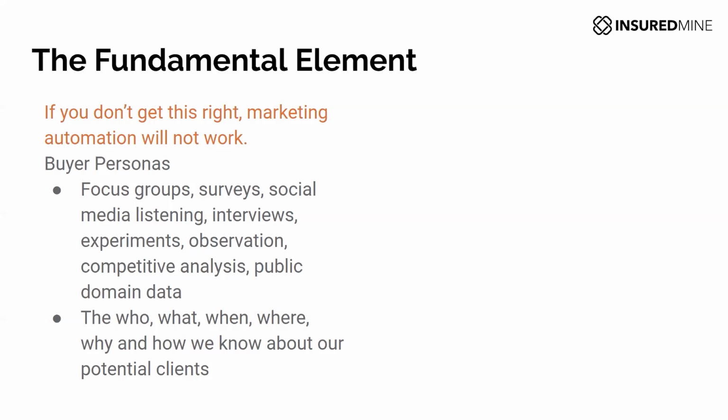There are a few different types of terms for this: defining your target audience, creating buyer personas, or developing a customer avatar. Essentially, it's the who, what, when, where, why, and how set of information that we know about our potential clients. So in order to provide effective messaging, we have to do a little bit of work.